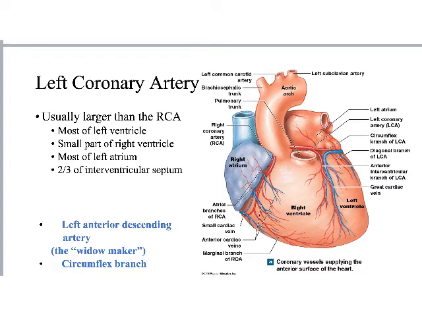Now, that doesn't mean that the left coronary artery is less important, because the left coronary artery is going to feed most of the left ventricle. And if you had to pick one of the ventricles to have damage from a heart attack, if somebody said, hey, you're going to have a heart attack, but I'm going to give you a choice. Do you want the right ventricle or the left ventricle?